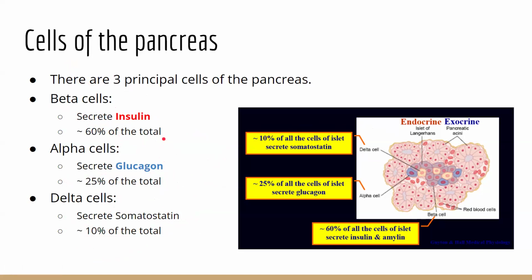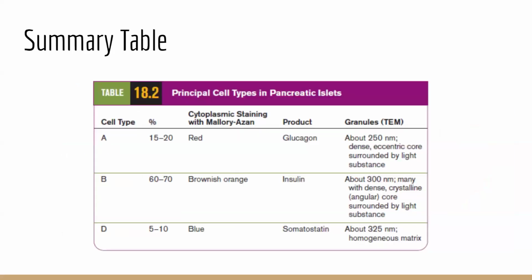Compared to last year, 6 slides were removed from your slides, and most of them were histology. So this is a summary table, so you can go over it. Cell type A is basically alpha cells, for glucagon, making up 15 to 20%.